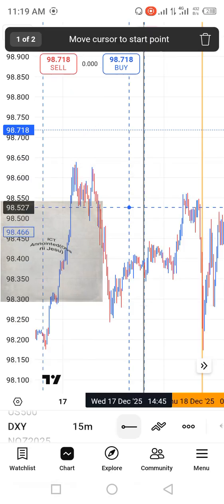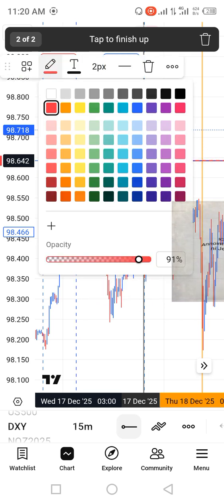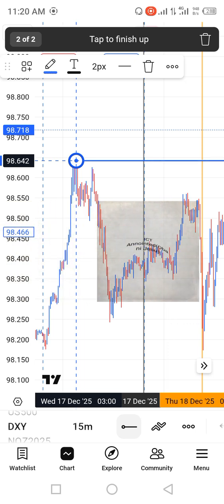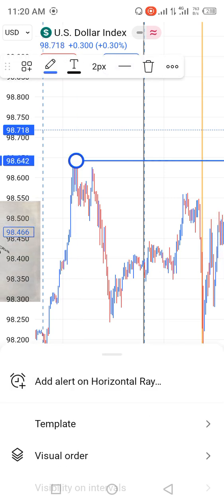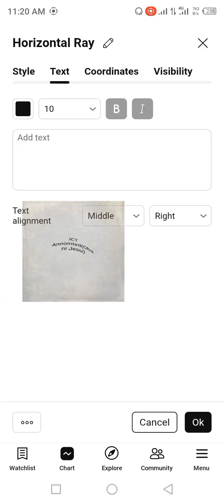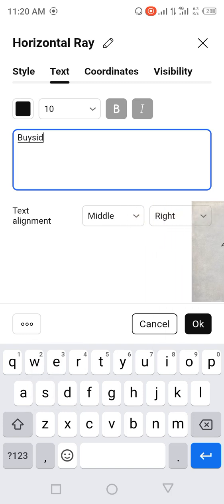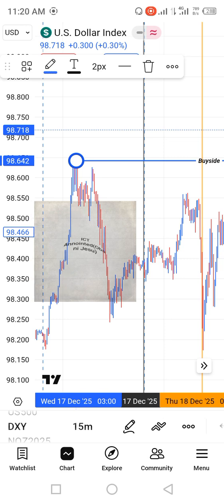So you delineate that as your buy side. Now you don't know what CPI will do yet, so you delineate it as buy side liquidity, and we just leave it at buy side.